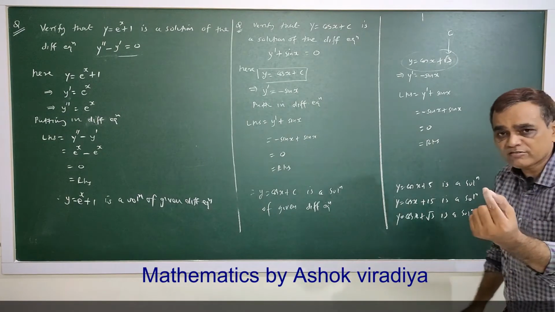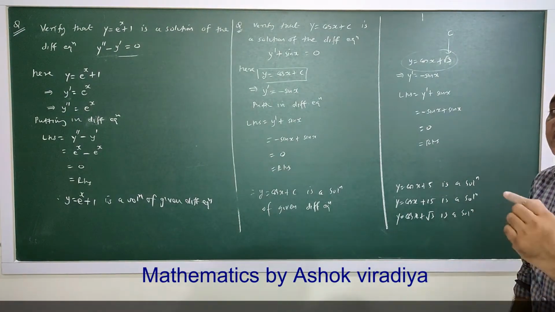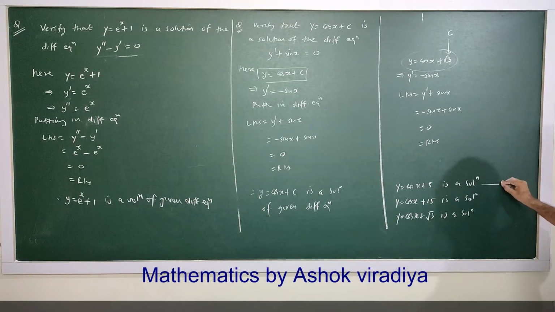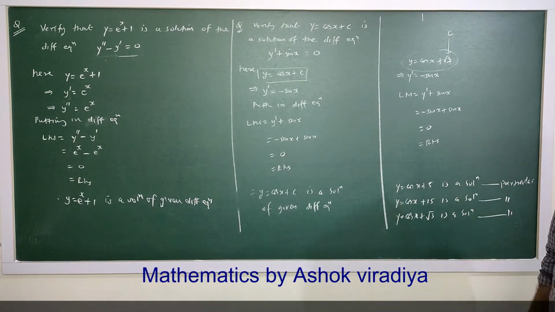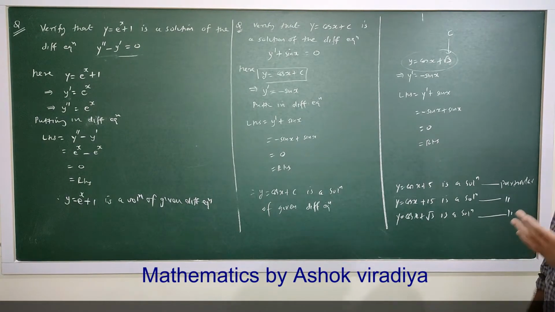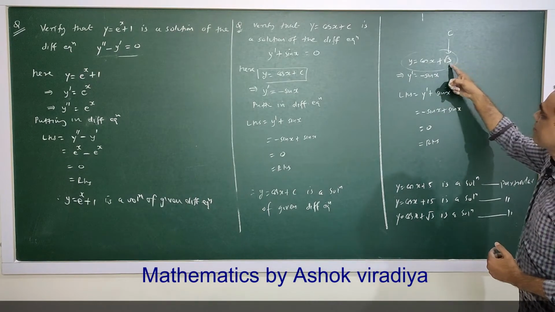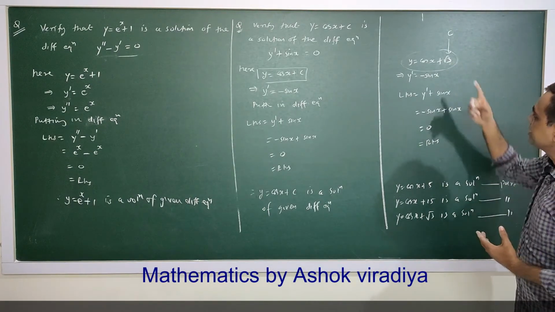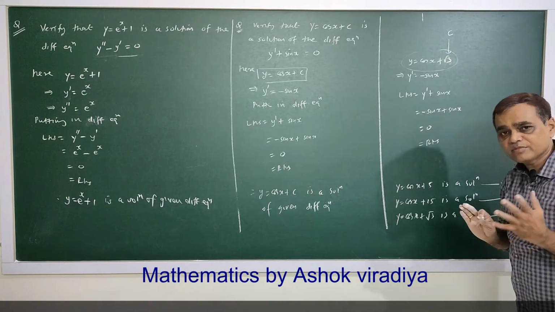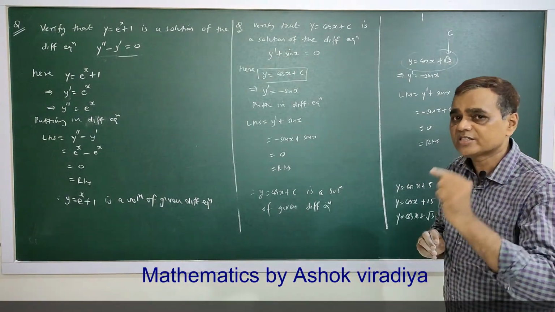For a particular value of c, we are getting a particular solution. So this is a particular solution, this is also a particular solution. So a particular solution can be obtained by substituting a value of c. By changing the value of c, the calculation is not affected. Every time the given differential equation is satisfied.